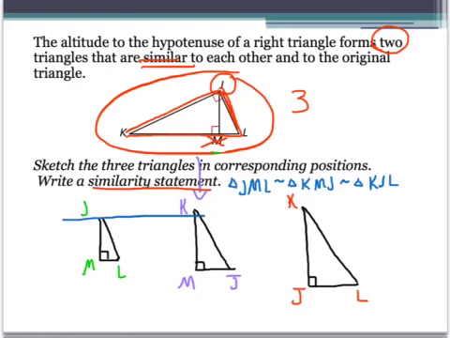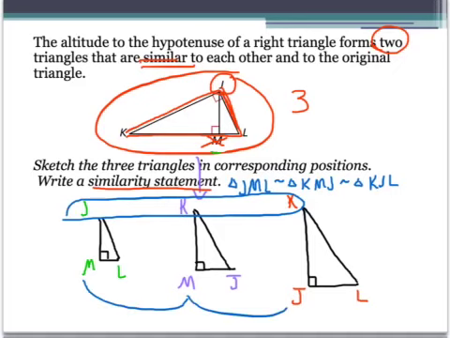Notice that these 3 angles all line up, and same with M to J, and then L to J, back to L. So I have corresponding angles that match up, and that's how I wrote my similarity statement.